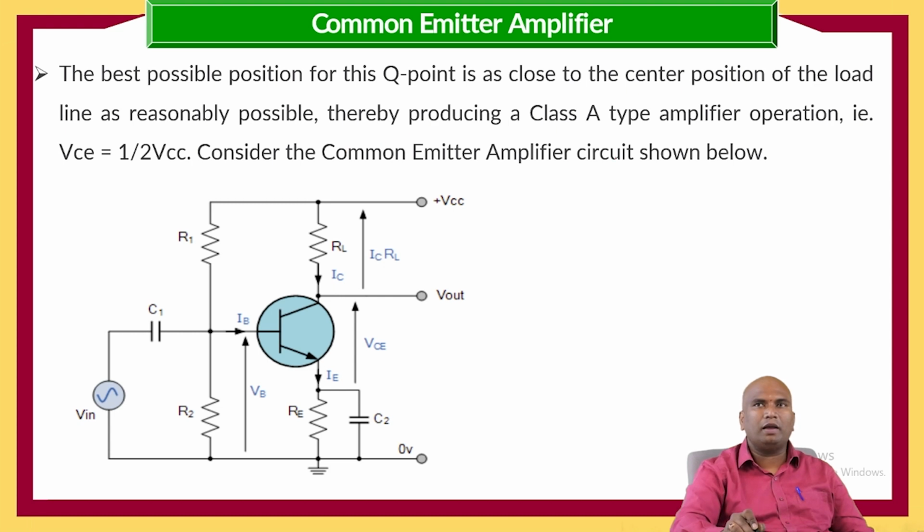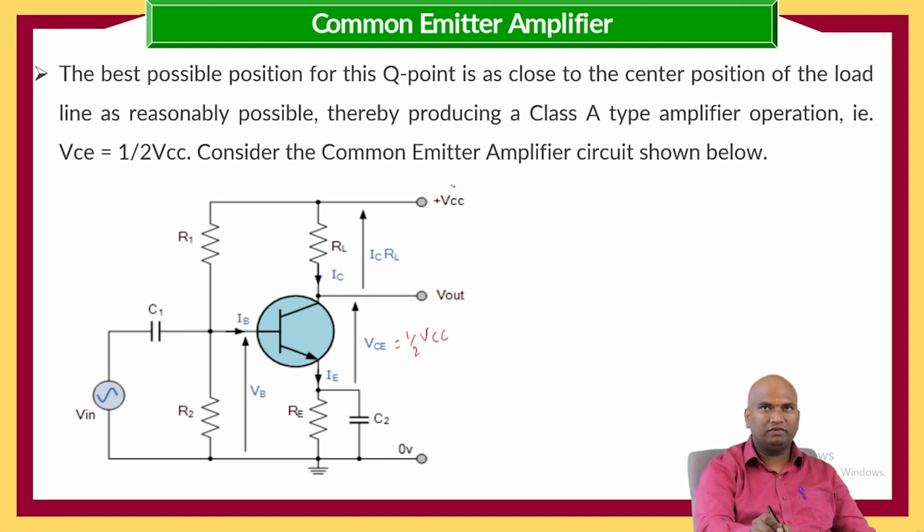Consider the common emitter amplifier circuit shown below. Here is the input, and here we are giving the capacitors C1 and C2, and here are the resistors R1, R2, RL and RE. Here this VCE value is equal to half into VCC value.